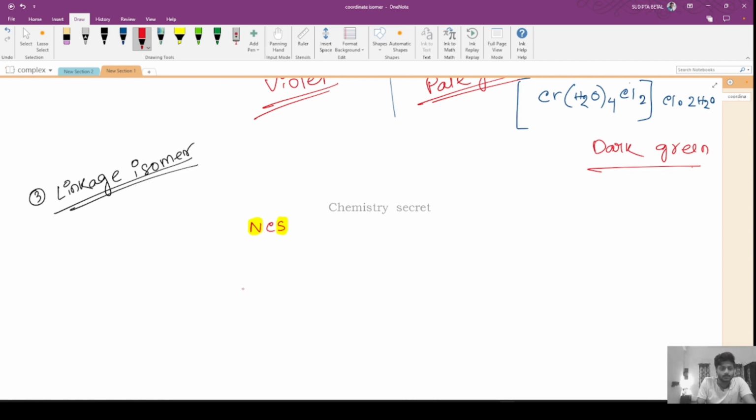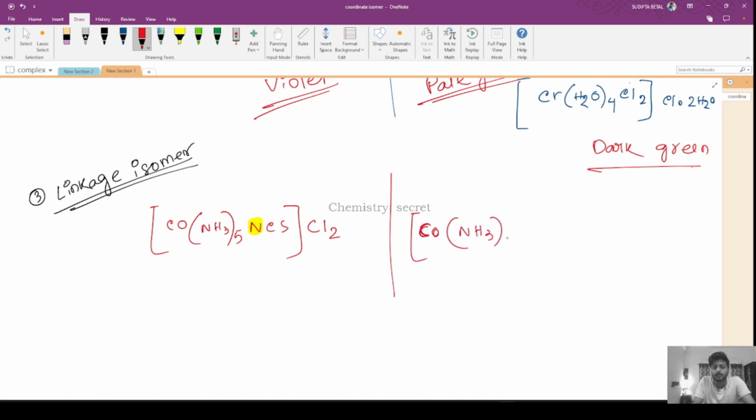If we consider the metal as cobalt and write the isomer like Co(NH3)5(NCS) and outside of the coordination sphere Cl2, then if nitrogen is active in this complex, we can write another example where sulfur is active. So these are the possible linkage isomers.